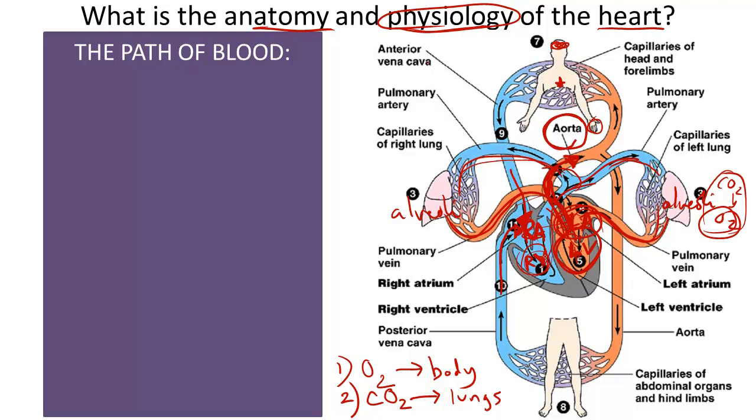Okay, so the aorta, as you can see, branches out to support needy cells in the top and bottom halves of the body, where blood is delivered to cells through capillaries. And as cells receive oxygen, they release carbon dioxide, creating deoxygenated blood once again.